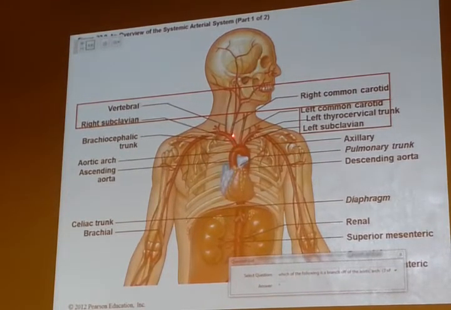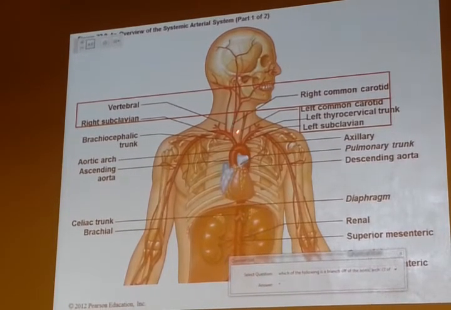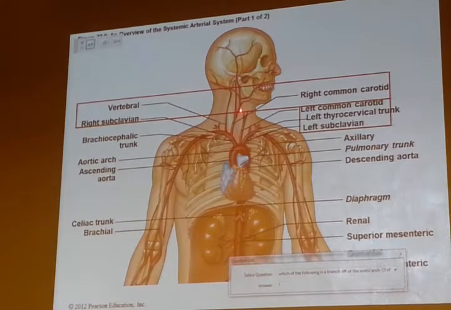The first branch that goes up towards the head is going to be your right common carotid artery. Common means that when you see that term, it's going to branch and form some other vessels. Sometimes those vessels have the same name, but they're headed for different locations.